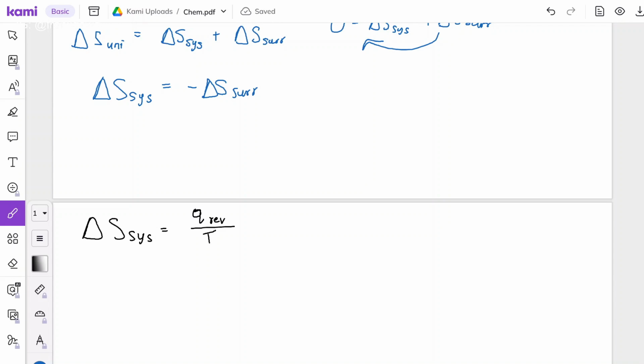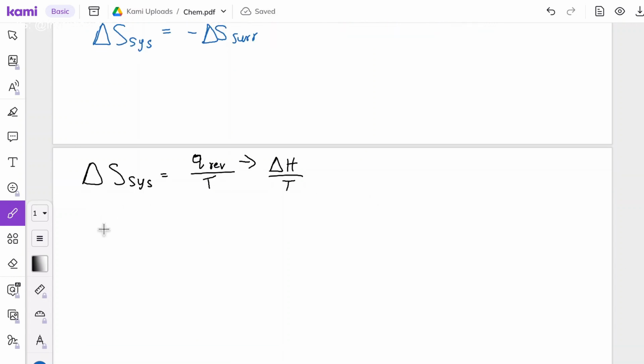And if you also remember from the last video, from chapter 9, the energy at normal temperature and pressure is also equal to the change in enthalpy. So you will probably see this equation written with enthalpy instead of energy. And this is the standard form of the equation. The change in entropy of the system is equal to the change in enthalpy over the temperature.